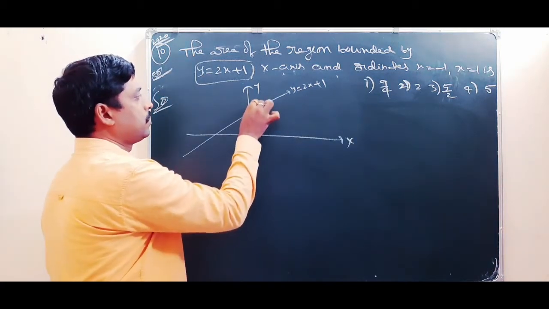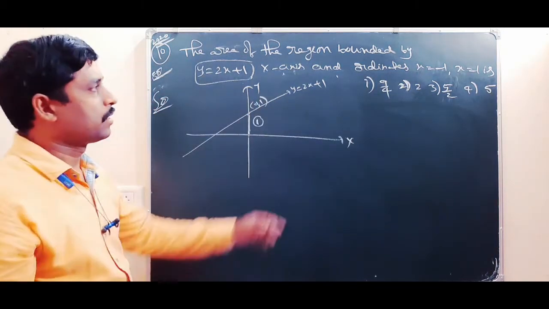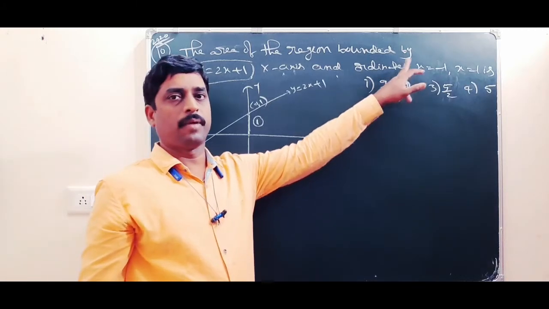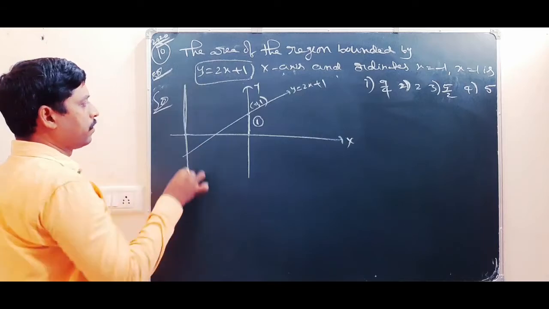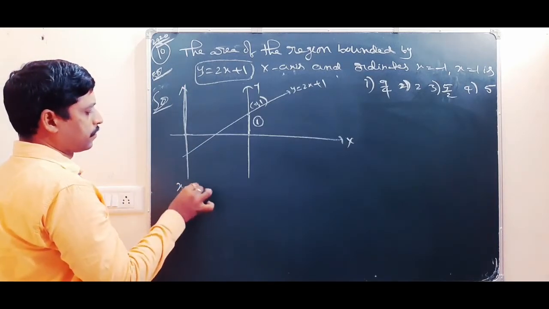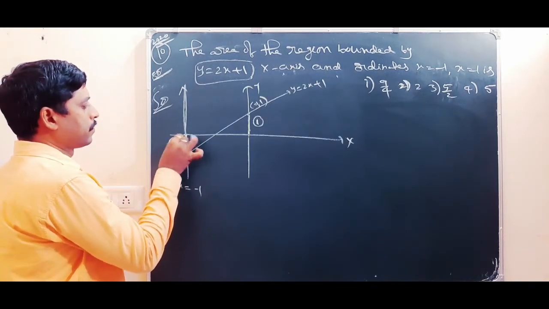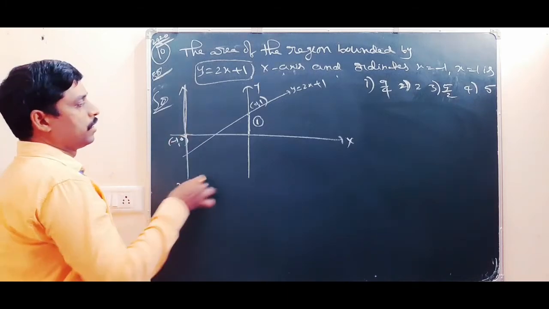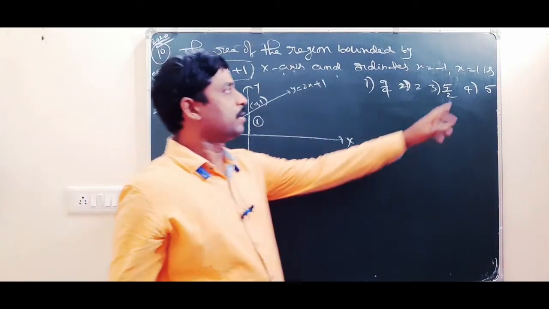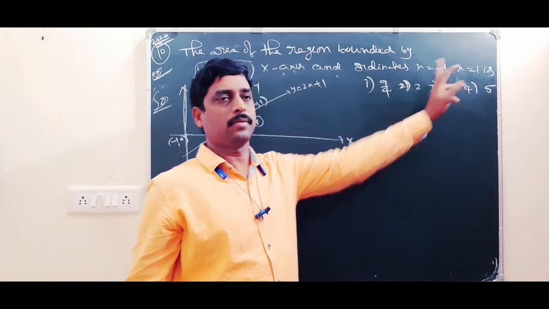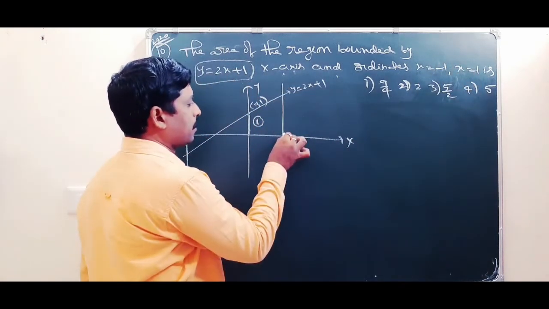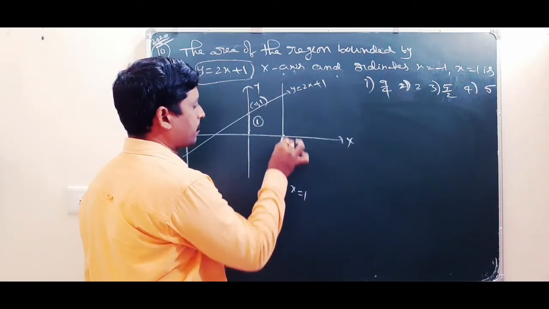This point is 0 and 1. x is equal to minus 1 passes through minus 1, 0 and is parallel to the y axis. Next, x is equal to 1 passes through 1, 0 and is parallel to the y axis.